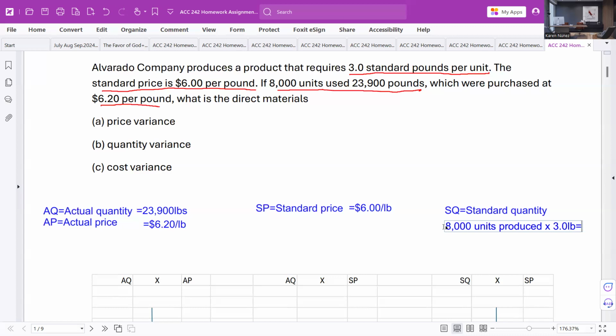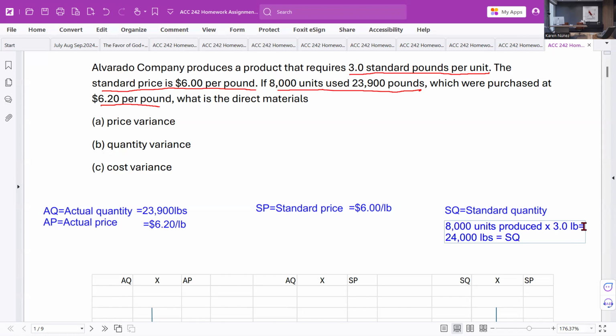So if they made 8,000 units and the standard is 3 pounds per unit, then they should have used 24,000 pounds, which we define as our standard quantity.